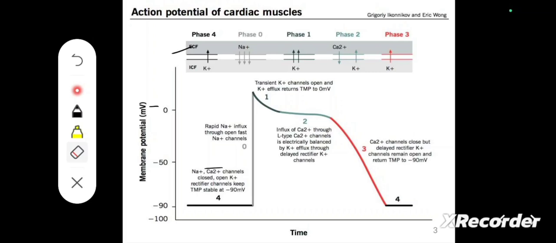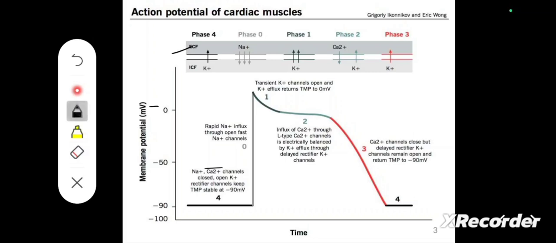Normally the inside of the myocardial cell remains negative, that is minus 90 millivolts, in comparison to its outside compartment. The transmembrane potential in the SA node remains minus 70 millivolts during the polarized state, while it remains minus 90 millivolts in non-pacemaker cells.